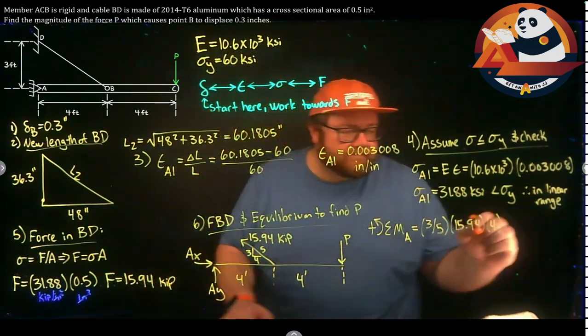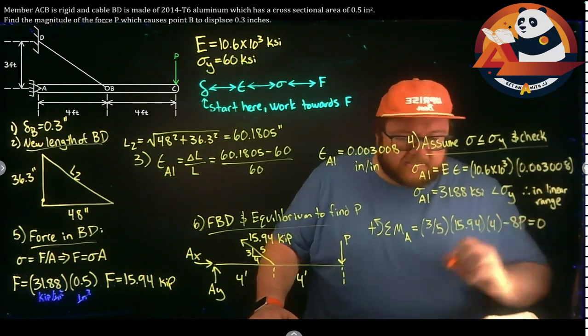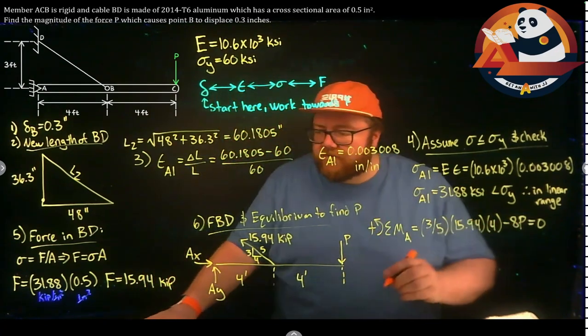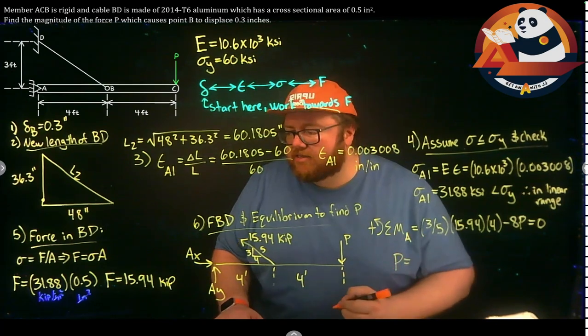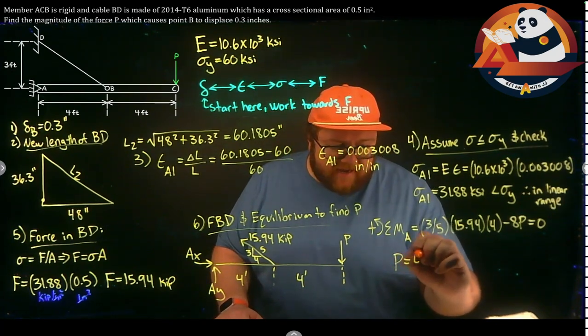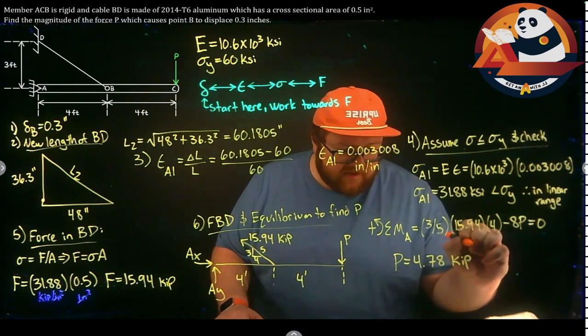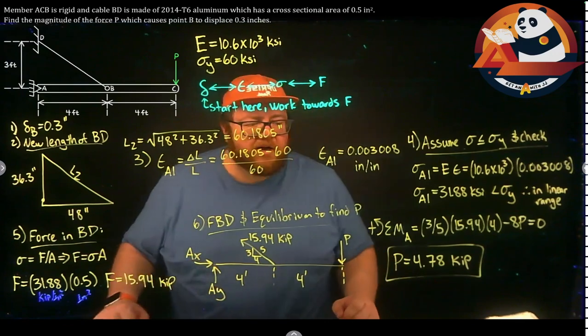So minus 8P is going to get us to 0, which I can solve that for P, and I'm going to get that the force here, P, is 4.78 kips, which is our final answer for our problem.